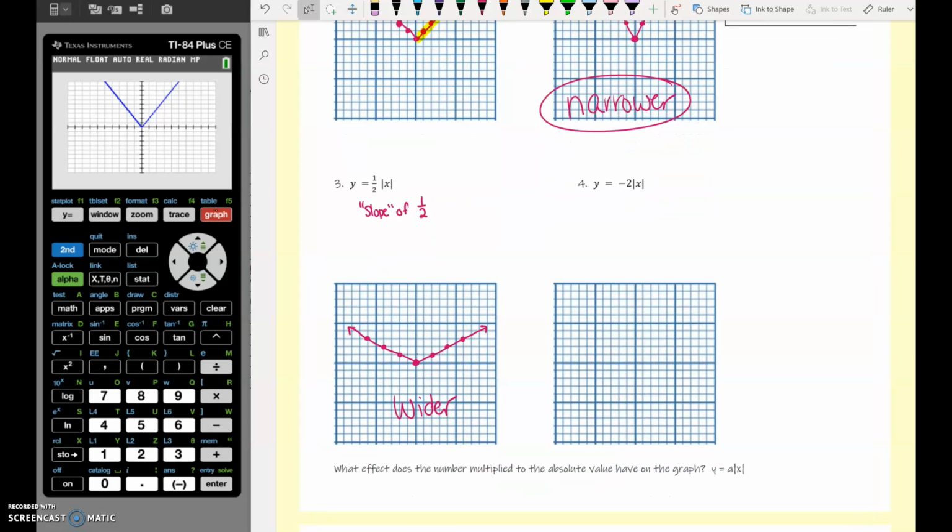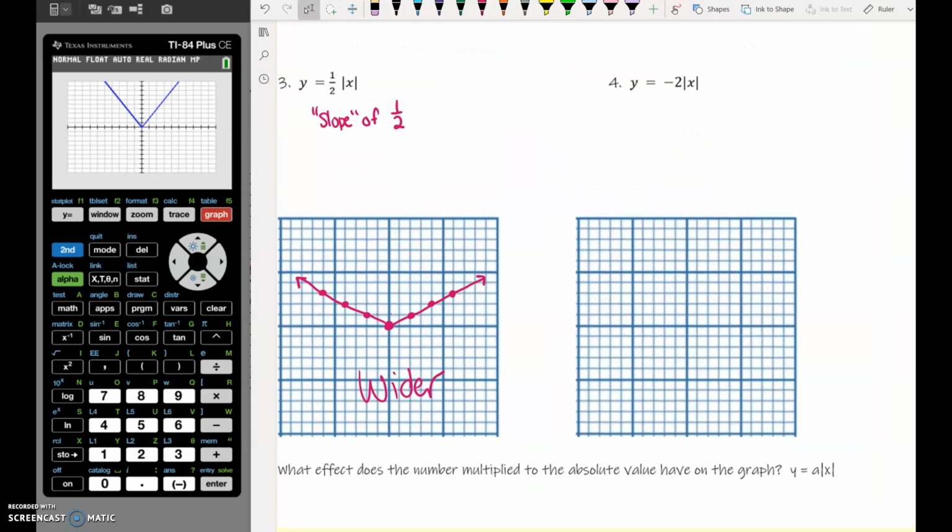Anyone want to take a guess what you think might happen if we put a negative in front of that too? It'll flip. So this is going to flip and it will have a slope of -2. Now, do you see how I'm writing slope in quotations? Because it's not really the slope, but it kind of is. So we're starting at 0, 0.